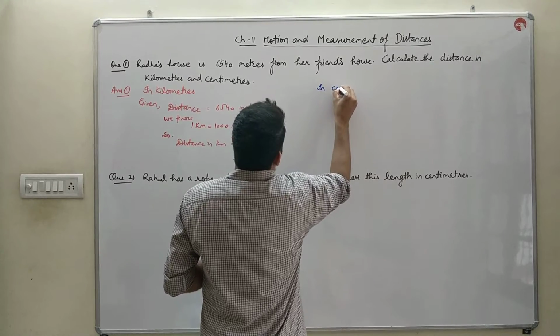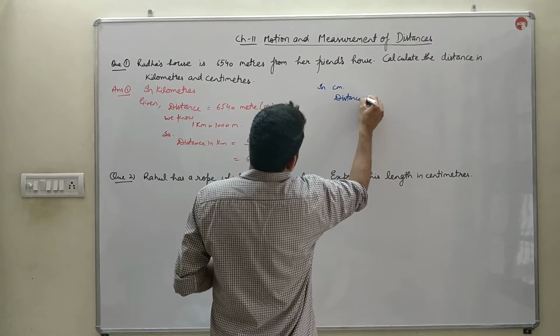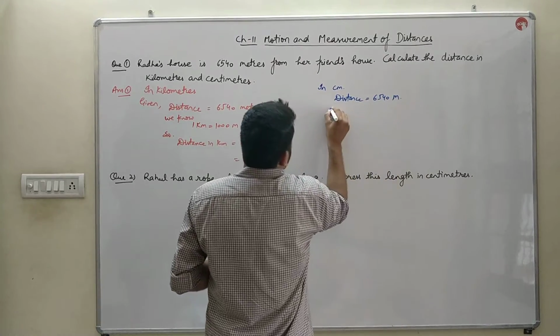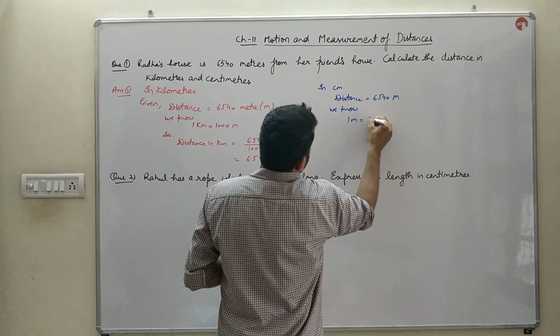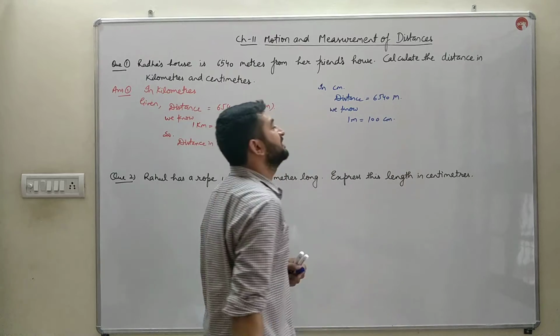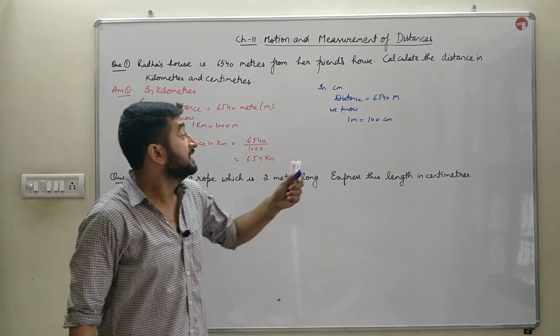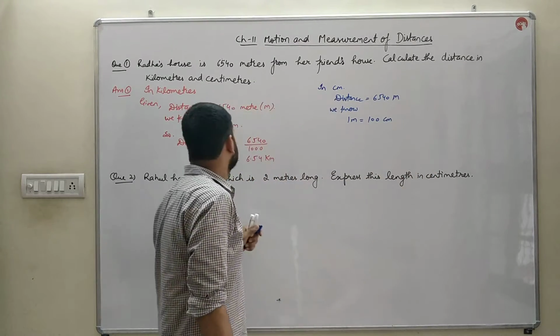in centimeters. The given distance is the same, 6540 meters, and we know that 1 meter is equal to 100 centimeters. No full stops. That means the meter is here the larger unit.